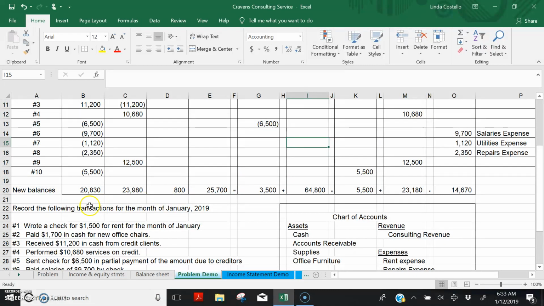Now let's check to see if our books are still in balance. Do assets equal liabilities plus equity minus draws plus revenue minus expenses?